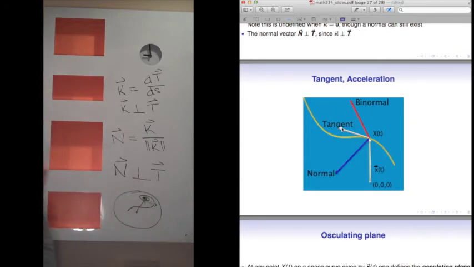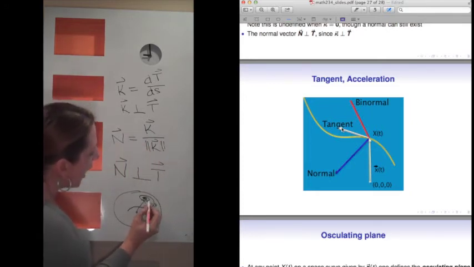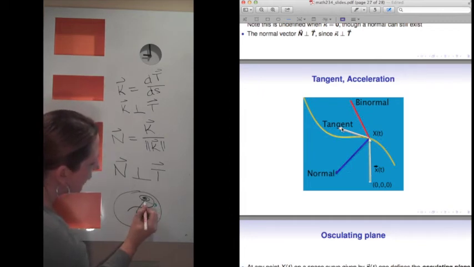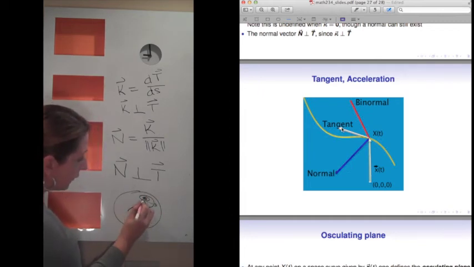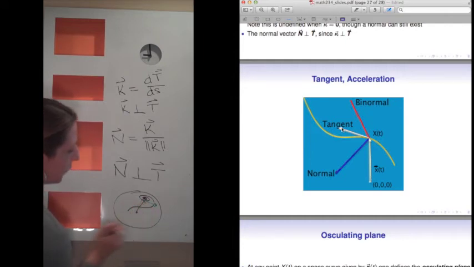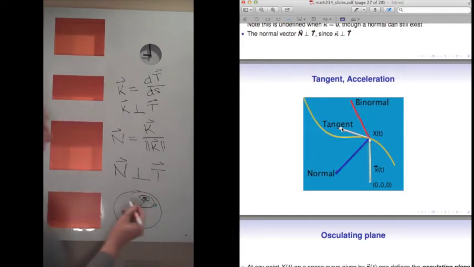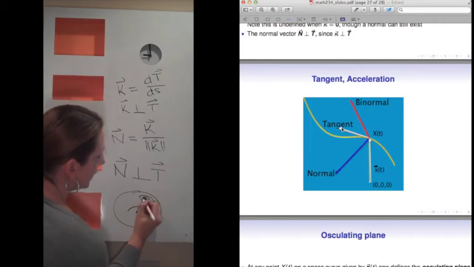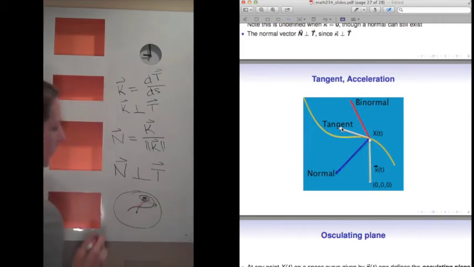It's a little harder to see, but in this case, again on the sphere, it's going to point back toward the origin, and then we're going to have a third direction, which is this guy.